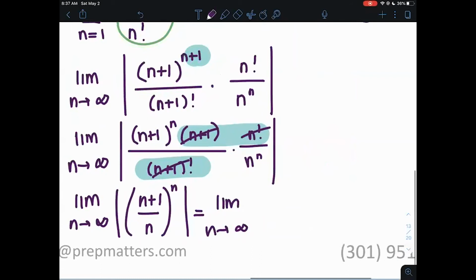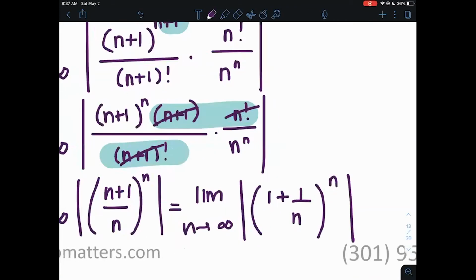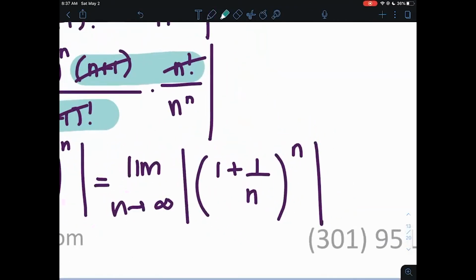And hopefully we can recognize what's happening here. When I rewrite like this, we see this formula that we've seen a lot in an Algebra 2 or pre-calc world. This looks like our exponential growth formula.